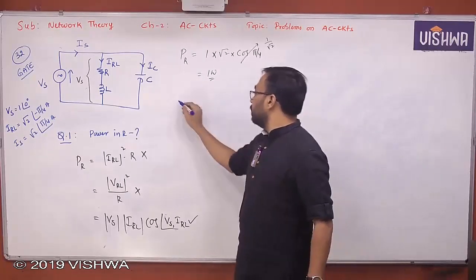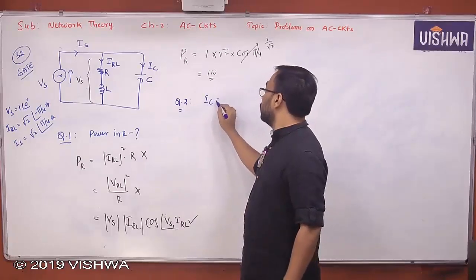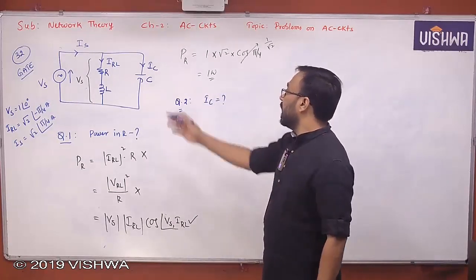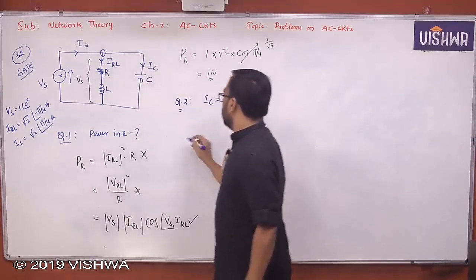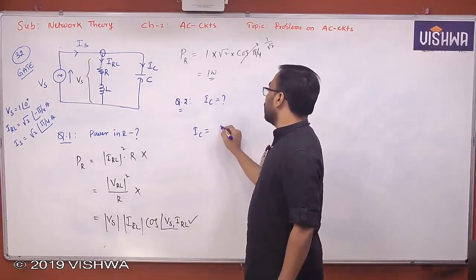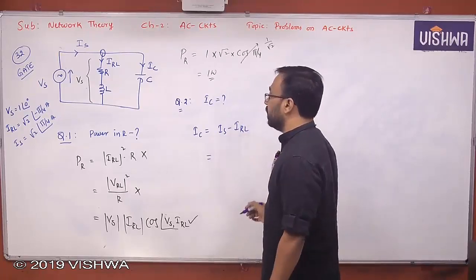Then coming to question number 2, what is it asking? IC. Simple. What is IC? IS is known, IRL is known, so you can apply Kirchhoff's current law at this point. IC is nothing but IS minus IRL. What is IS actually here?